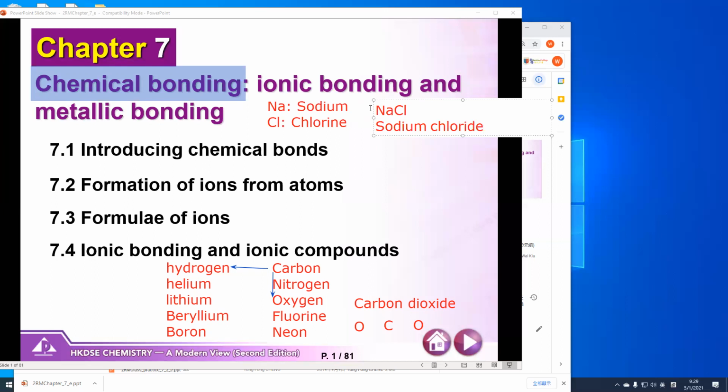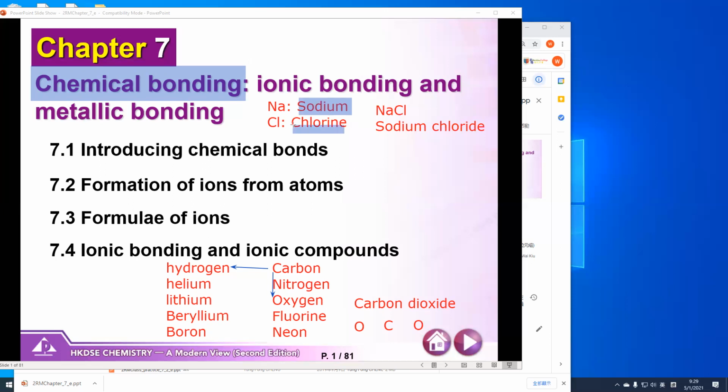What is sodium chloride? Any of you know what is sodium chloride? 我哋平時食嘅鹽咧就係 sodium chloride 啦。How do you form these? Bonding. How do you stick a sodium atom with a chlorine atom?